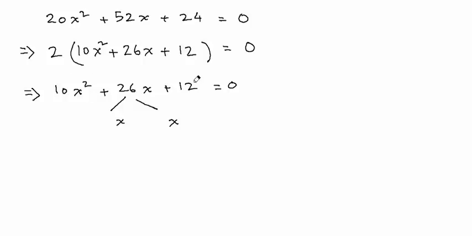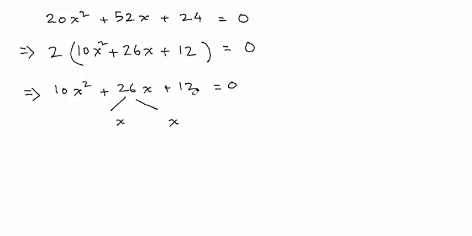That gives you 10 times 12 is 120x squared. You don't really need to take a look at the x squared. In any case, you're going to have an x squared. x times x will give you x squared. So let's focus on the numbers. We need to split up positive 26 into two pieces so that the product is positive 120.